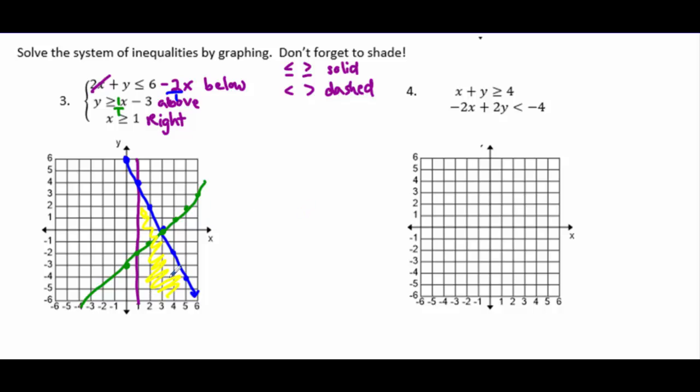So now what are we going to do that we're supposed to be above the green line? Well, above the green line is this side. One way you can tell, especially if your line is steep, sometimes it's hard to tell, is if you pick a place on the line you're doing, if you draw up, that's above. If you draw down, that side of the line is below. And so if it's above this line, then we're talking about our answer being right here in this middle area.